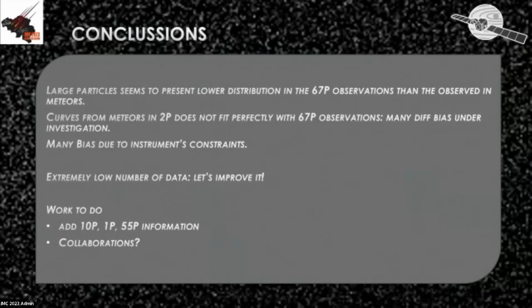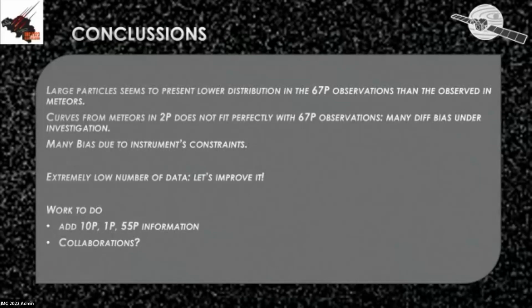As a conclusion of my previous analysis, the first thing is we were expecting larger particles in the Rosetta data sets. That fits more with what I read in the bibliography of the meteor showers, where you find a large chance of particles.